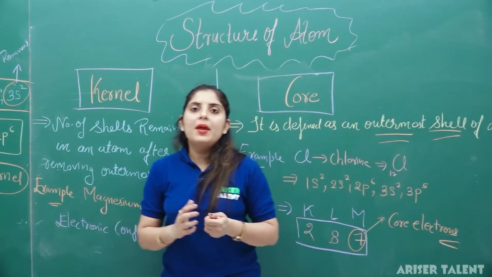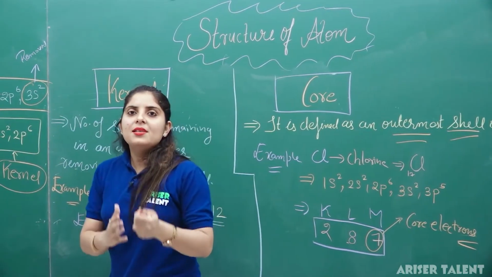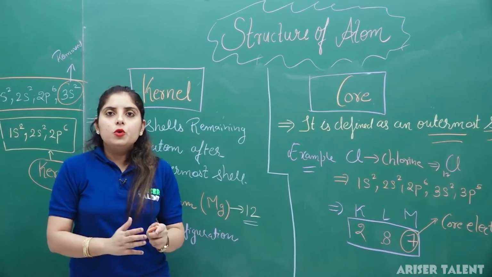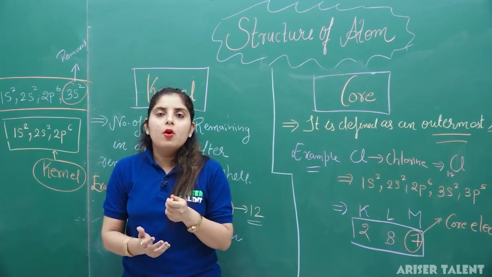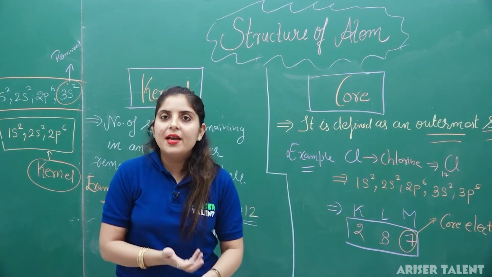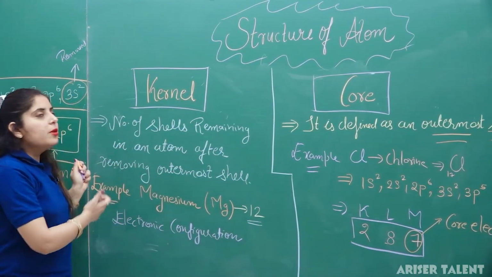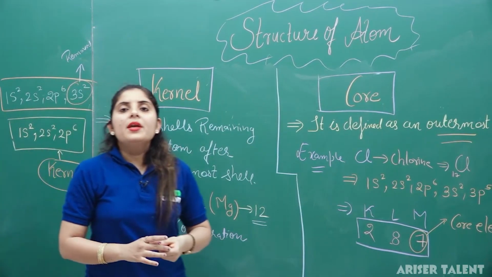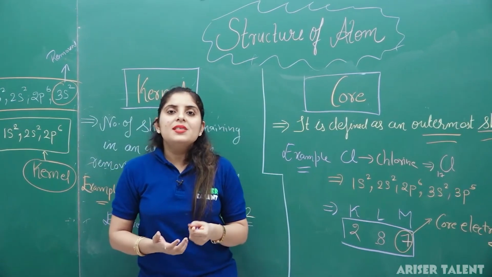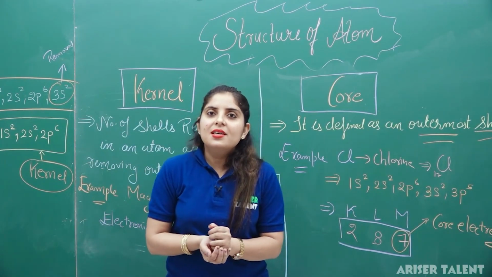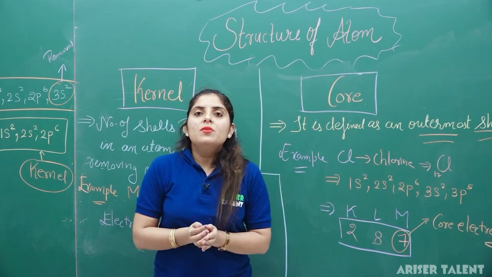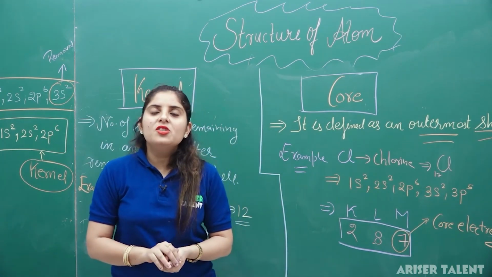We have gone through many terminologies: mass number, atomic number, isotopes, isobars, isoelectronic, isotones, isodiaspheres, and the difference between core and kernel. Next topic is radioactive isotopes and the quantum numbers that we will discuss in our next chapter. So this is all for today. Thank you so much and have a nice day.